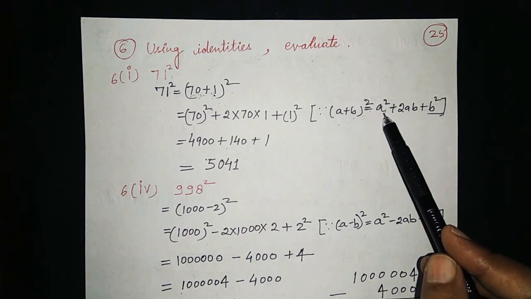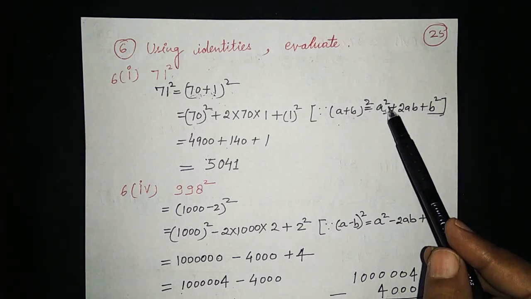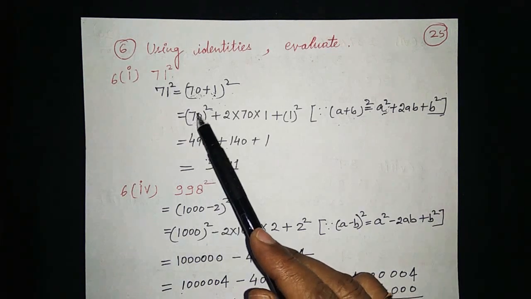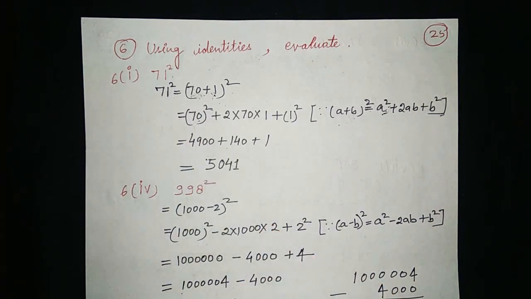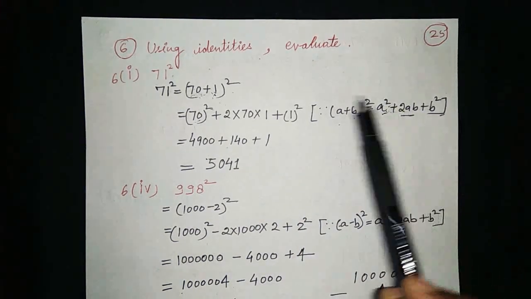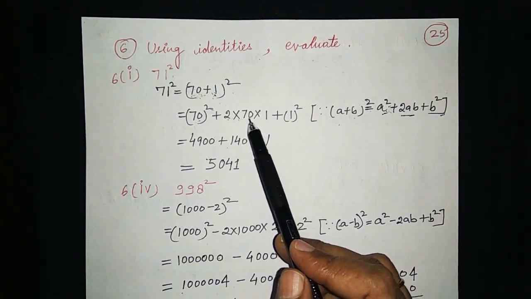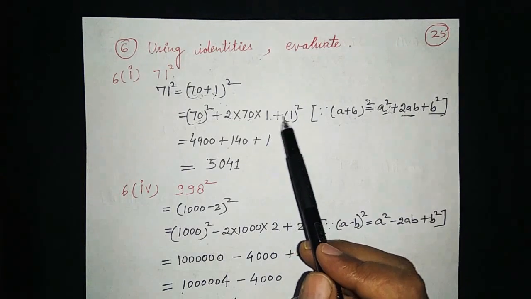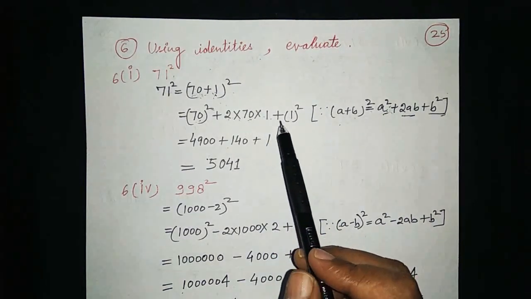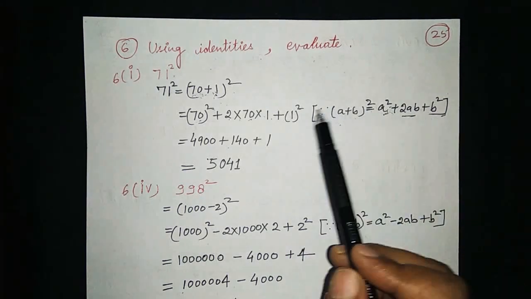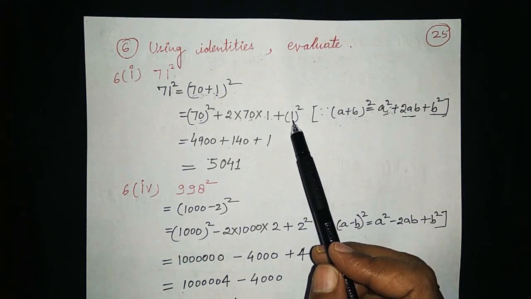So here for this A square, in place of A we will write 70 and then we will do the square of 70. Now plus 2AB. For this 2AB, 2 into A, for A this 70, for B you will write this 1, plus 1 square. For this B you will write here 1.